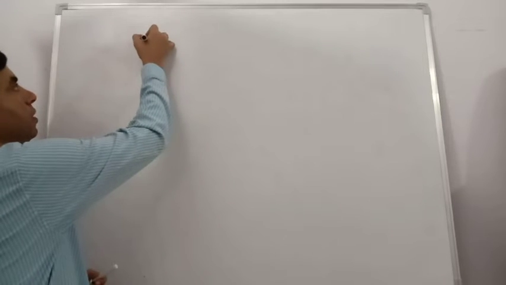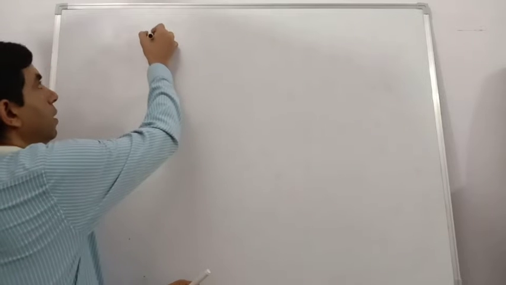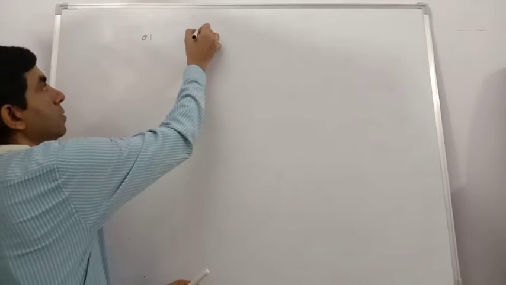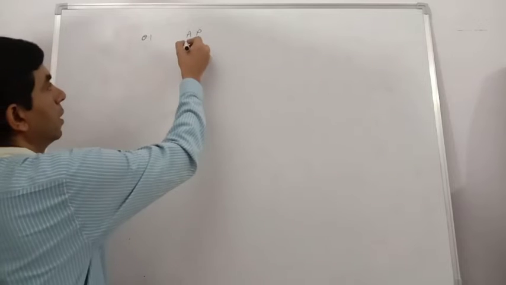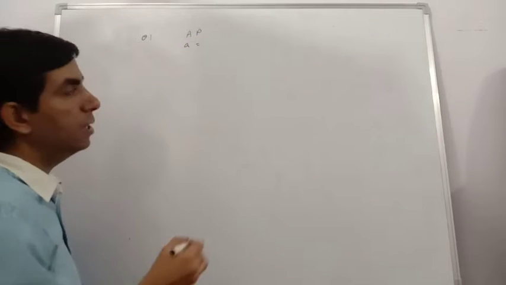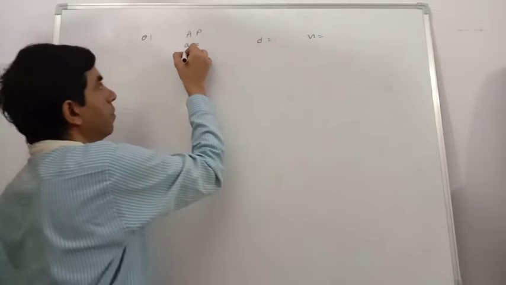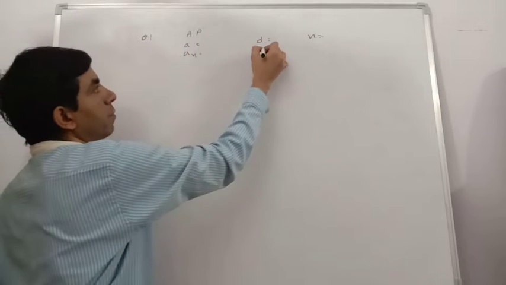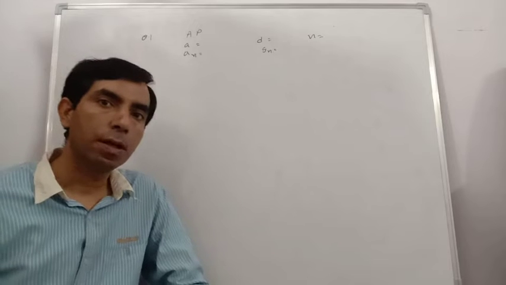In the previous video I said that in each question you should always remember that in an AP series we observe only 5 things. First A, second D, N, An and Sn.